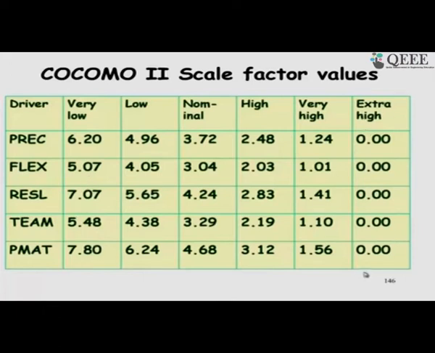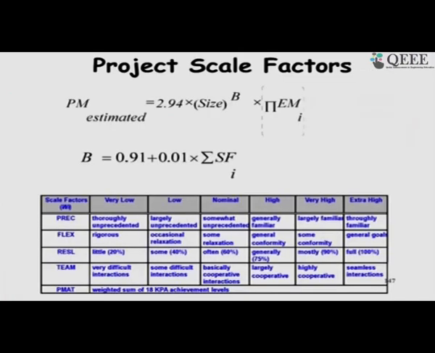So, if we have everything favorable to us, this factor becomes 0, and then we use this in the expression. First compute the b, which is 0.91 plus 0.01 into the scale factor, and then we use this in the expression. Many tools are available, we just have to use our judgment here, and then it will give the result automatically.